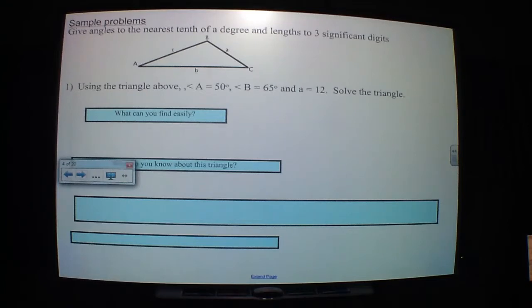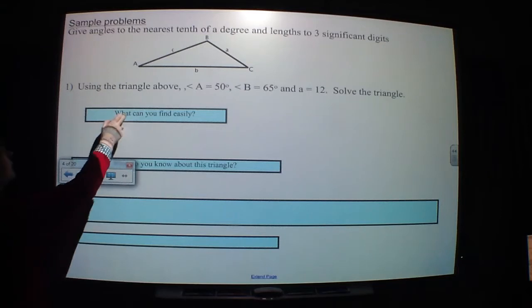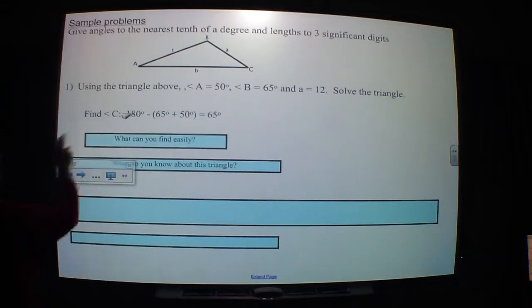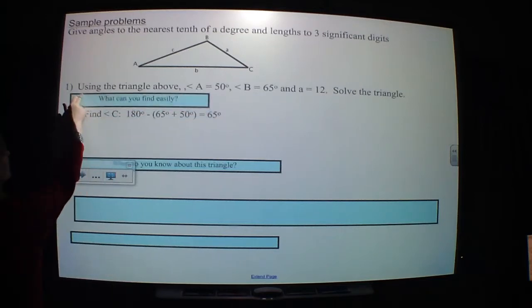We know the sum of the three angles is 180. So 180 is equal to 50 plus 65 plus angle C. So angle C is 180 minus 50 minus 65. And so there is my formula. And I get 65 degrees. So that's the first thing I can find very easily.